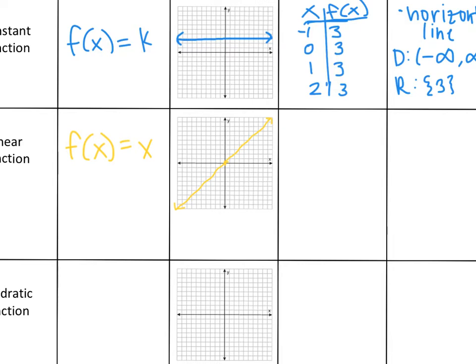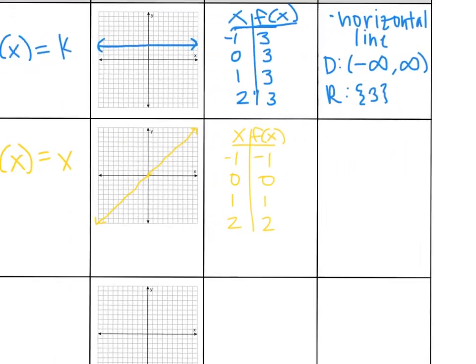One of the things about linear functions is that they have a constant rate of change. When you are plugging in values, in this case, -1 is -1, 0 is 0, 1 is 1. It's going up by the same amount each time because it's a constant rate of change.